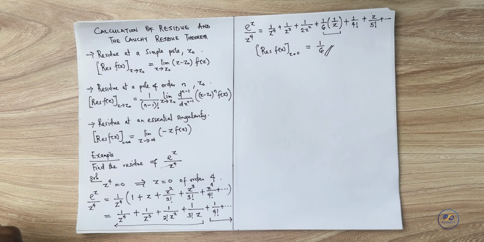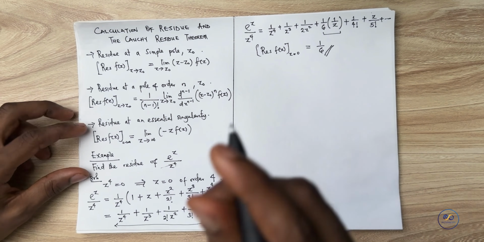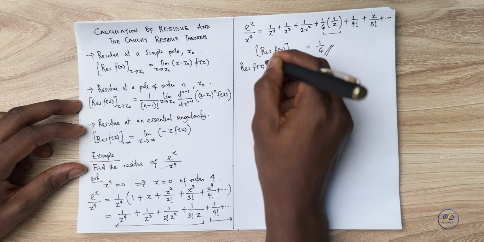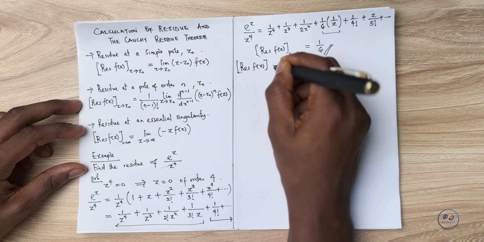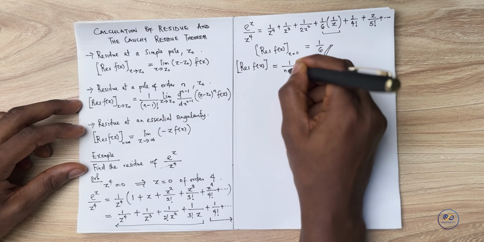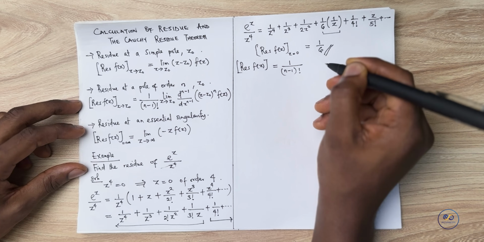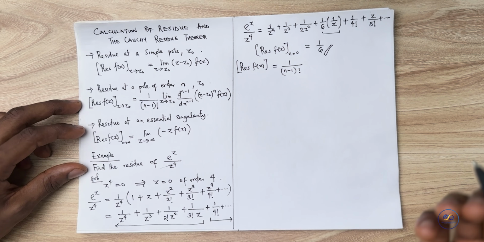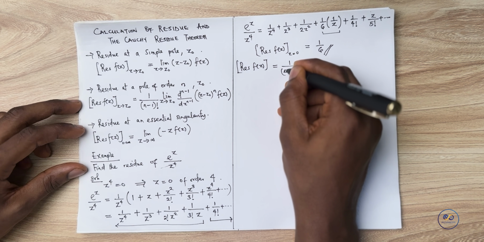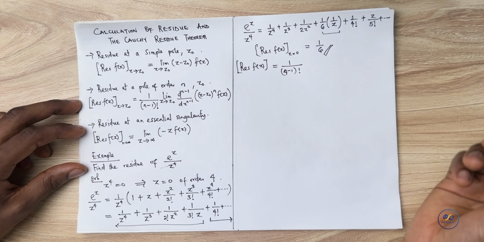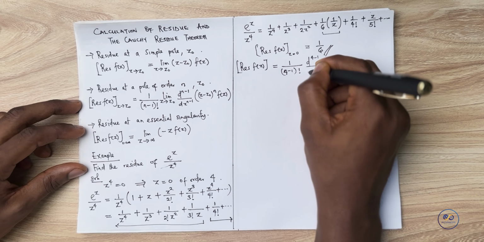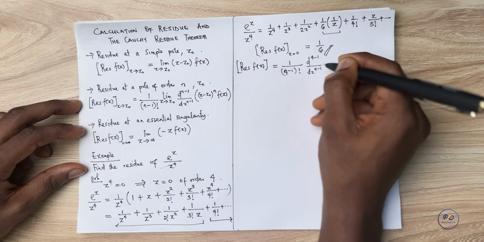Now, we can also find this residue using the normal formula. Remember, it's a pole of order 4, so we would need the full form of the formula. We have 1 divided by n minus 1 factorial. In fact, we might not even need to write it out because we already have it here. So you can just apply this. It will be 1 divided by 4 minus 1 factorial d raised to the power 4 minus 1 divided by dz to the 4 minus 1.